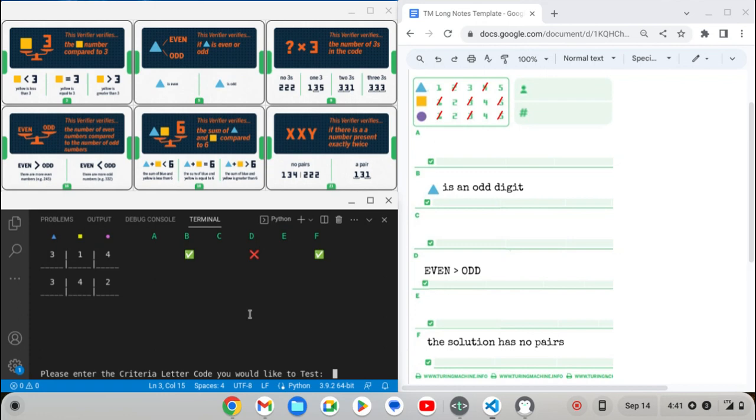Okay, so let's go ahead and, yeah, well, let's see. Let's go ahead and test the sum. Let's go test E. Okay, so yes, the sum is greater than 6. So let's go ahead and type that up.